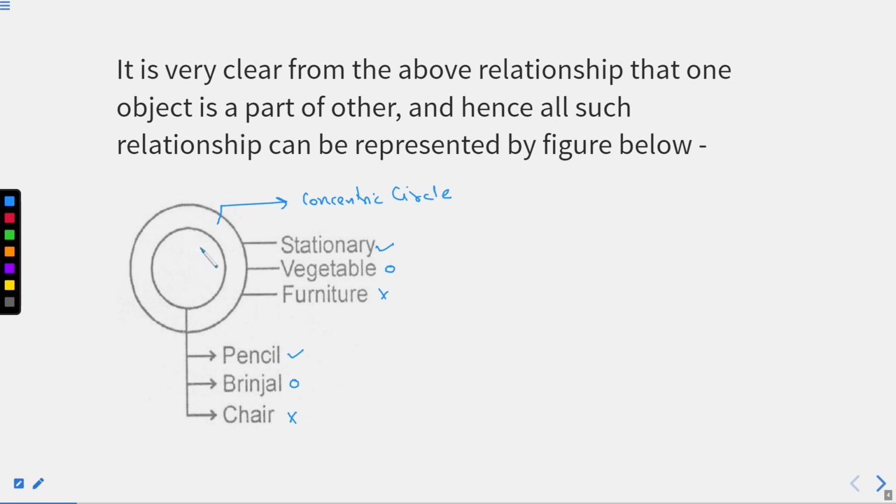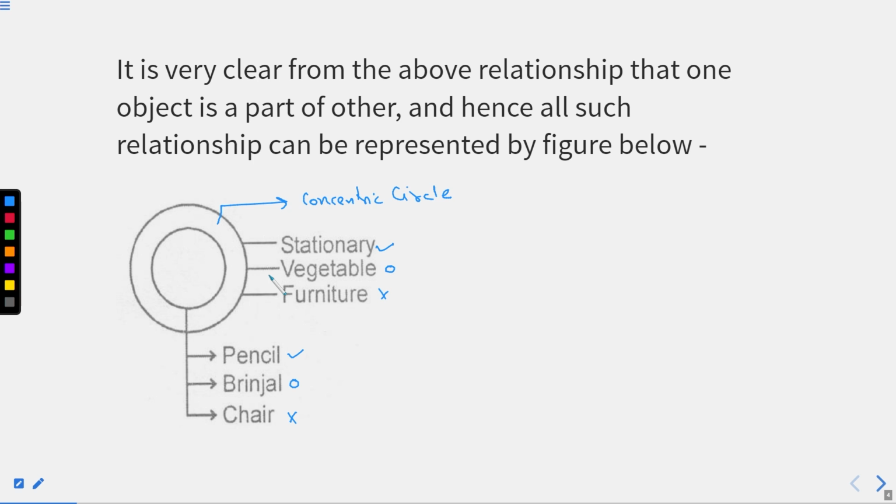This is the basic graphical or Venn diagram representation of these kinds of situations, right? So if I say vegetable, and if I pick the name of any vegetable, let's say potato, so potato will also be there, right? So you are able to solve this question, right?